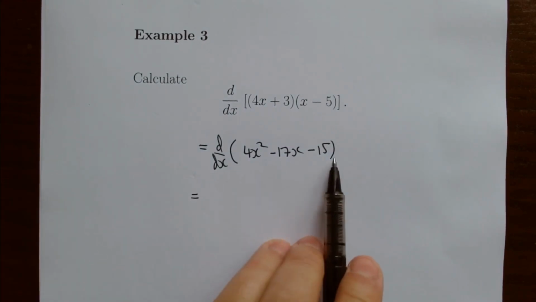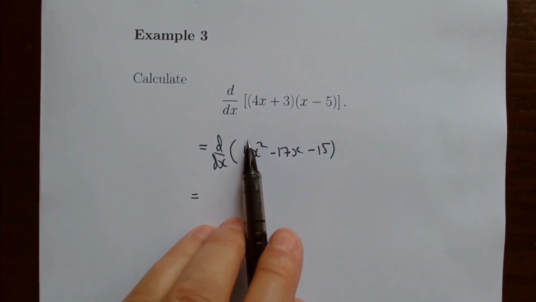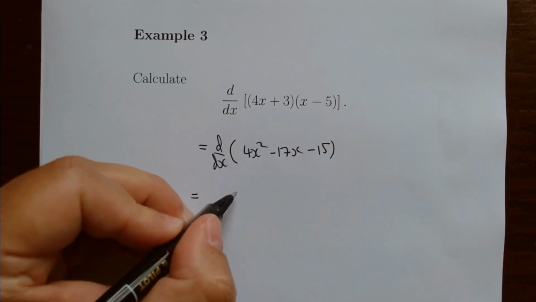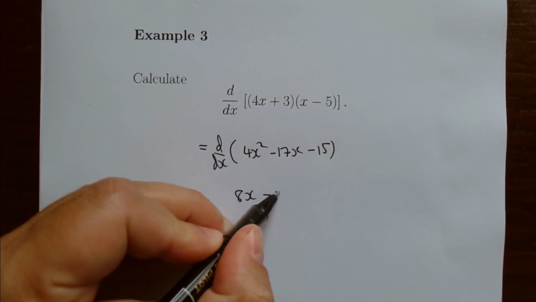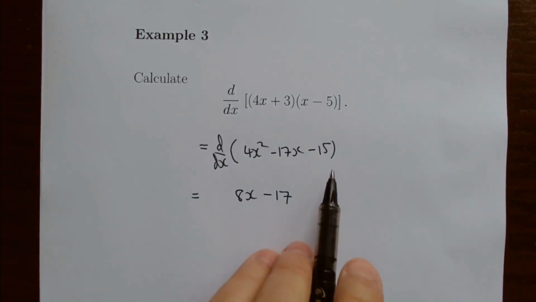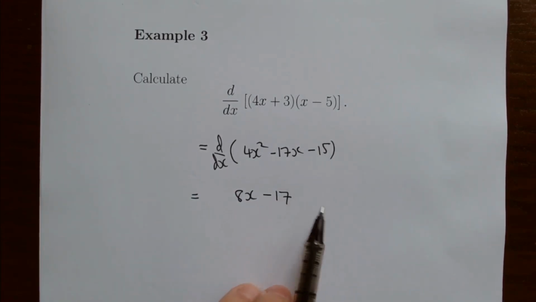Okay, now that it's been expanded, we can now differentiate it. So 4x squared becomes 8x, minus 17x becomes minus 17, and the minus 15, the constant term, becomes 0.